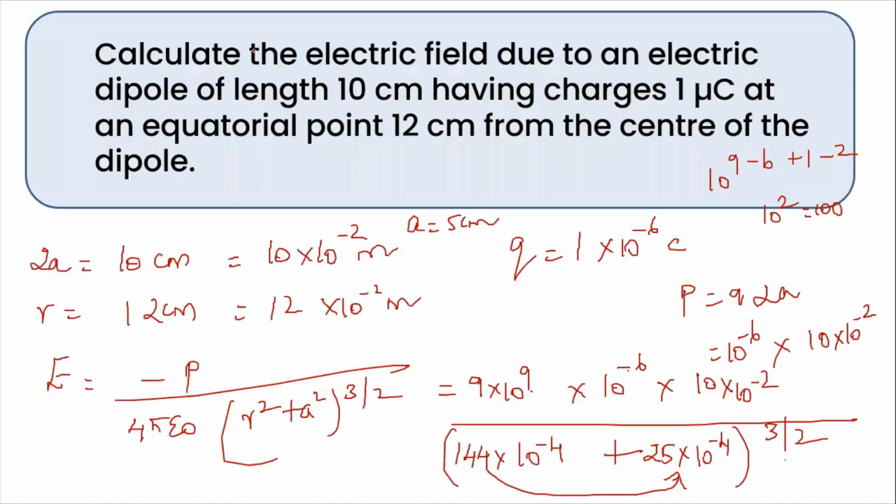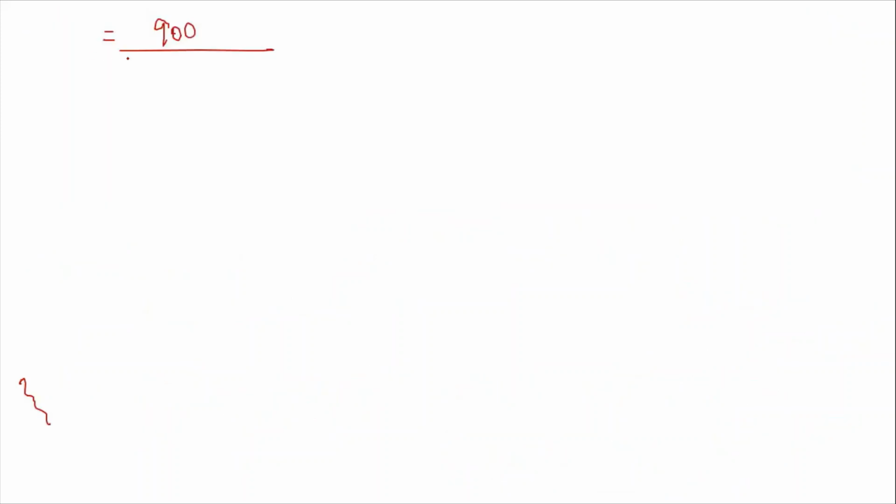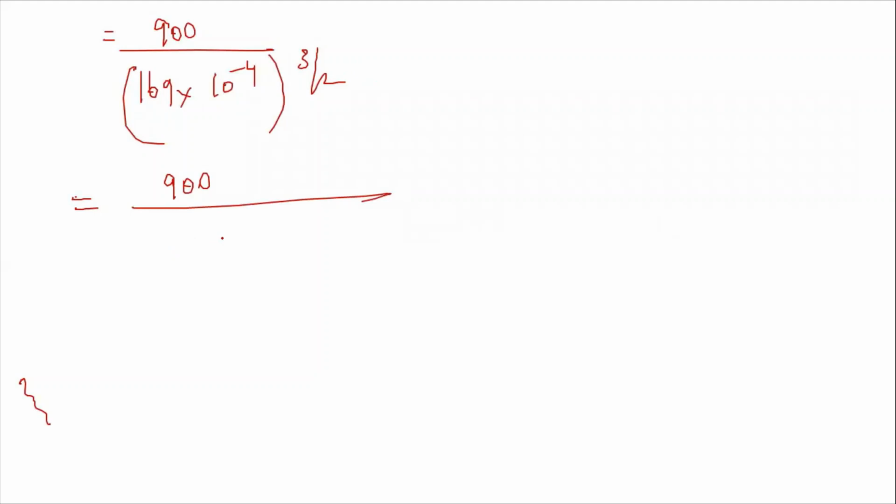Divided by, check the denominator, 144 plus 25 is 169. Sorry, I said 165, it is 169, into 10 power minus 4, the whole power 3 by 2. Again, 169 and 10 power minus 4, you can write like this now: 13 square into 10 power minus 2 the whole square.